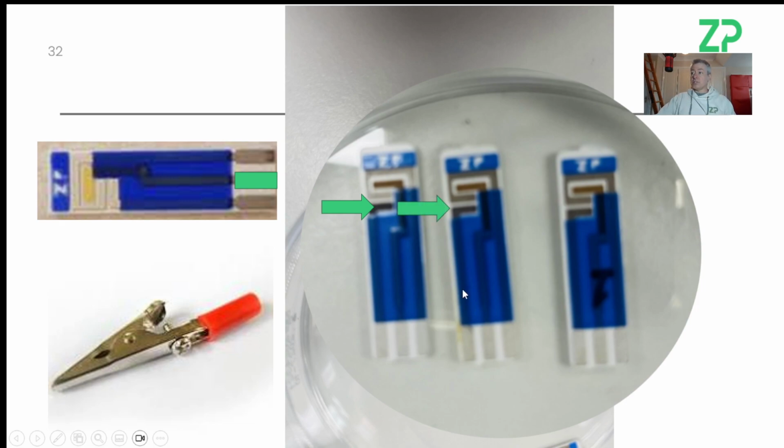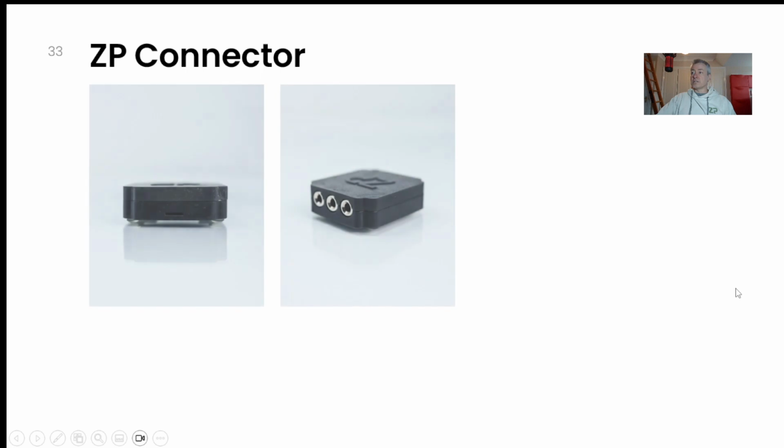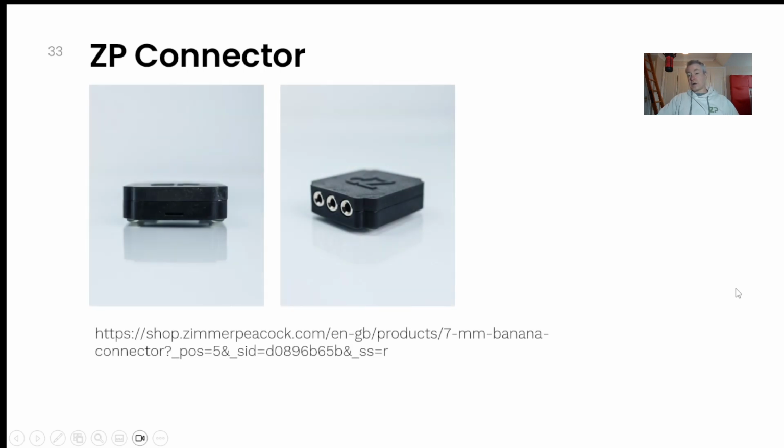And then in other images, I think you're clipping onto the working and also catching the counter and the reference electrodes as well, because these are also very darkened. So I think your connection is really your biggest thing.